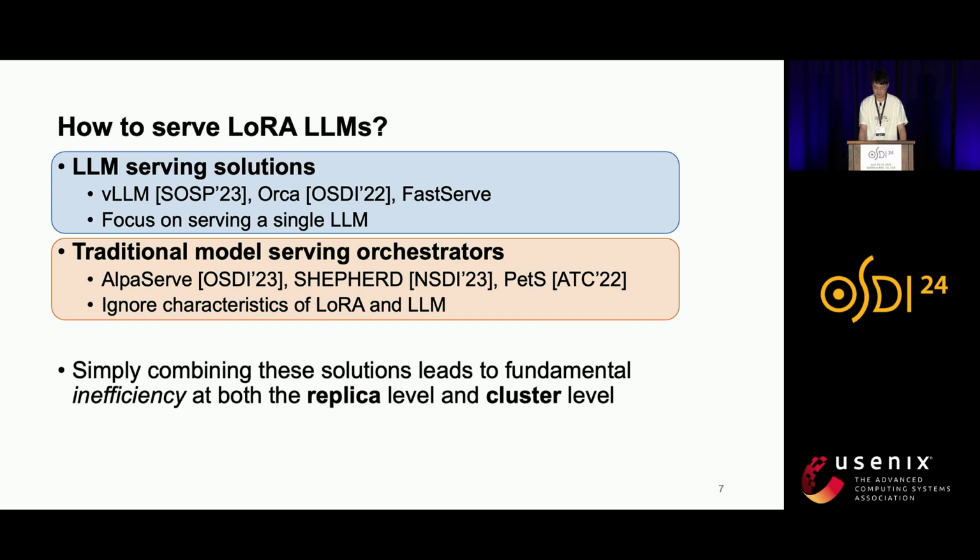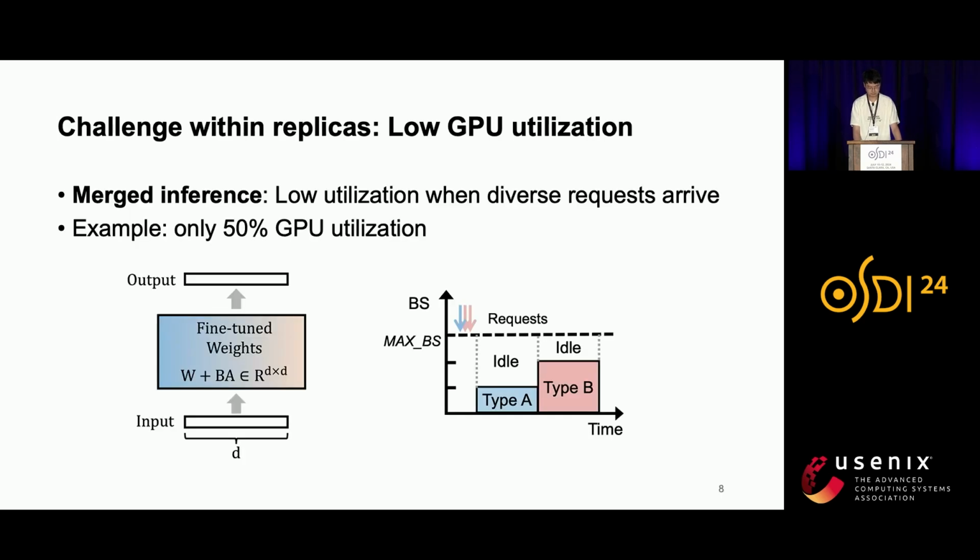On the other hand, previous model serving orchestration mechanisms mainly focus on the orchestration and scheduling of traditional deep learning models, overlooking the unique characteristics of LoRA and LLMs. Furthermore, we discovered that even combining these two approaches still leads to inefficiencies at both the replica and cluster levels.